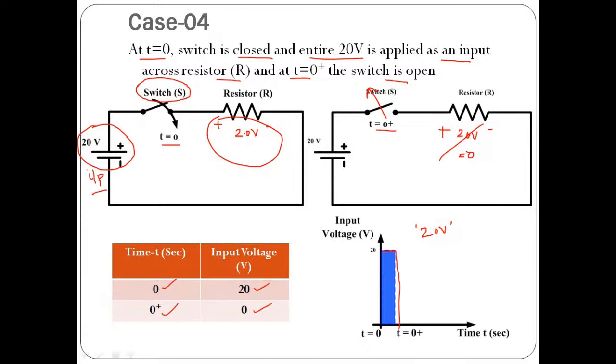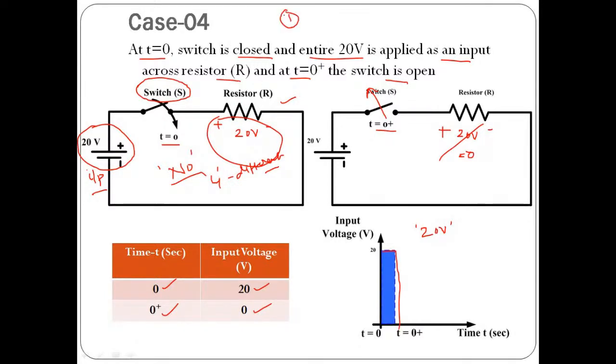Let us think, is there any other possibility to provide this 20 volt as an input to this resistor? The answer is no. That means we have only 4 different techniques to provide input to these resistors, or you can say we have only 4 different ways to provide input to any system.